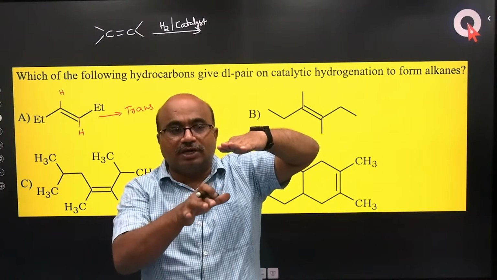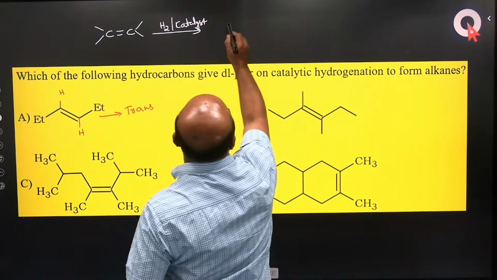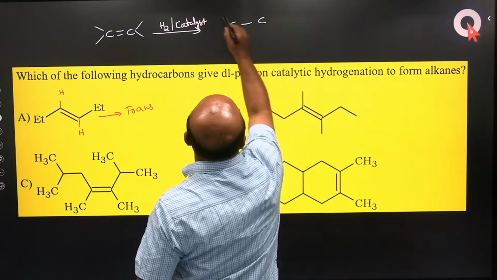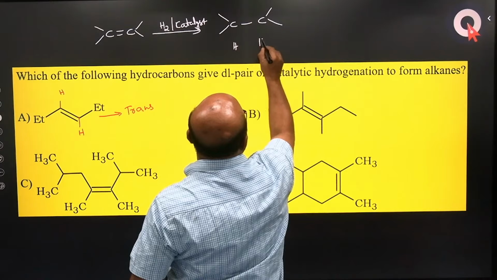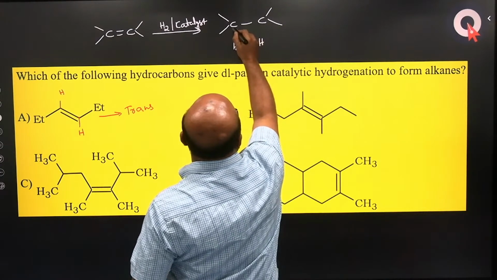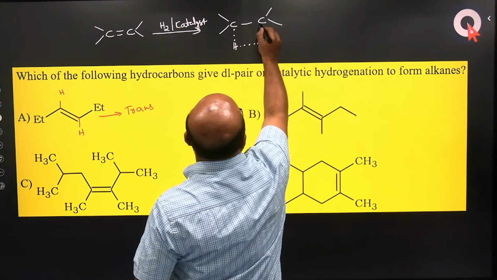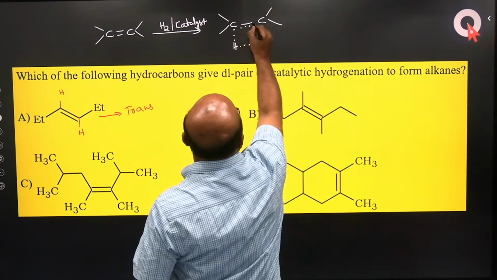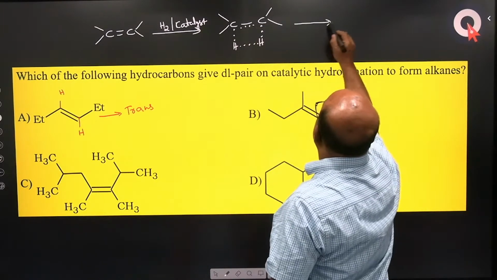So the addition of hydrogen always proceeds through a transition state. The H and H bond is cleaving, this carbon bond is cleaving. So we see the addition of hydrogen takes place from the same side.